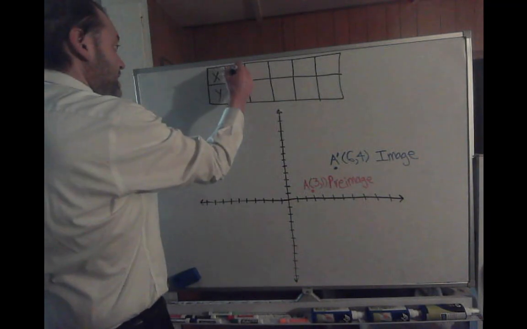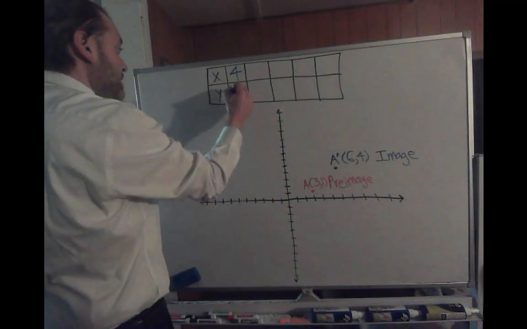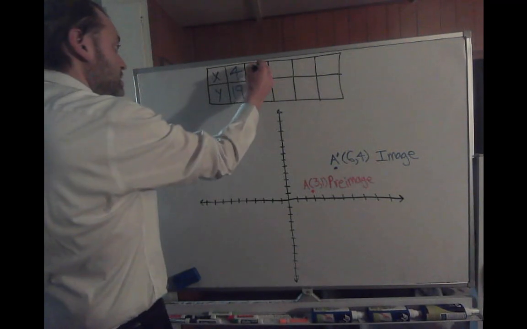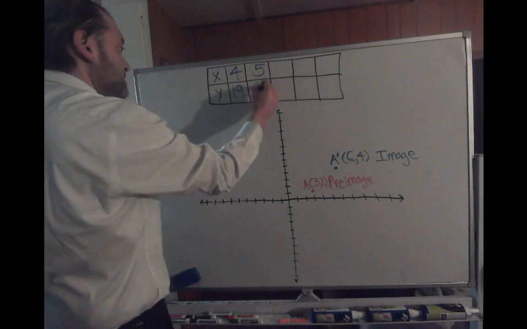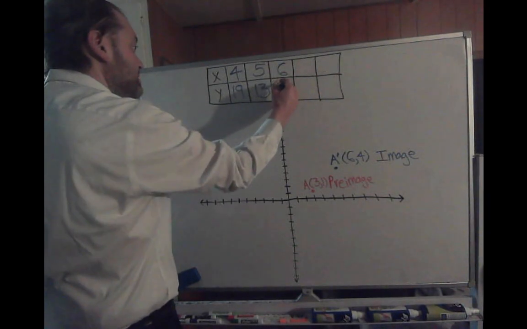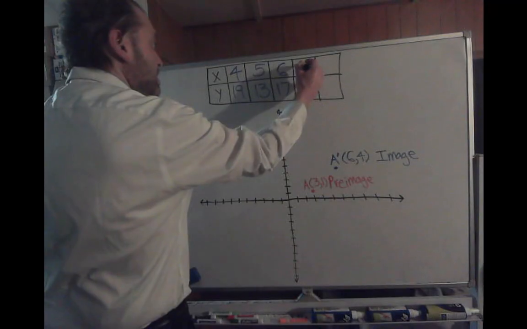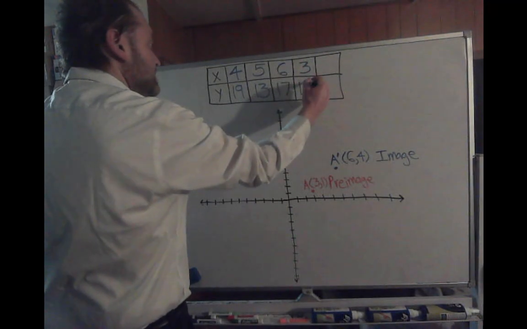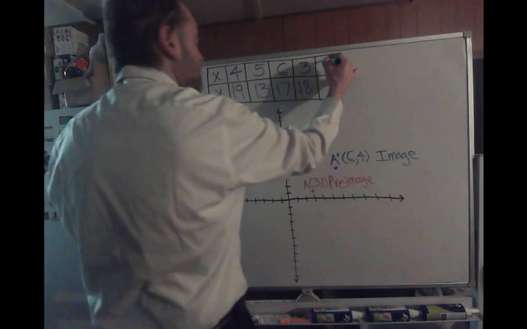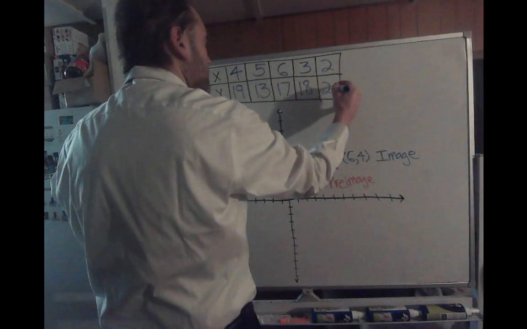Let's see. We have 4 and 19, 5 and 13, 6 and 17, 3 and 18, 2 and 21. Okay.